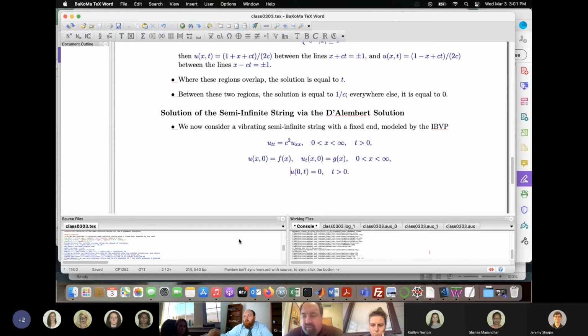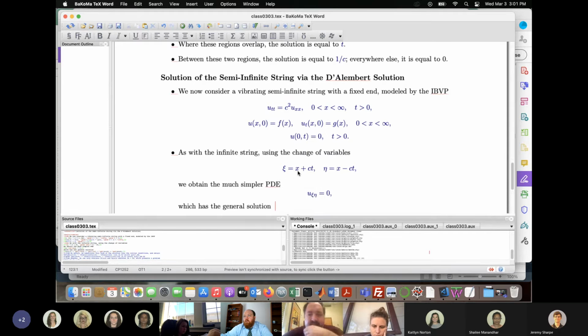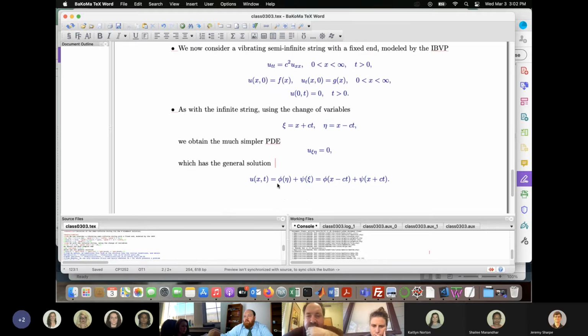Now, to try to solve this, we can proceed like last time. We do the same change of variable. We get the same simplified PDE. We have the same general solution. So our solution u of x, t is some function of x minus ct plus another function of x plus ct.